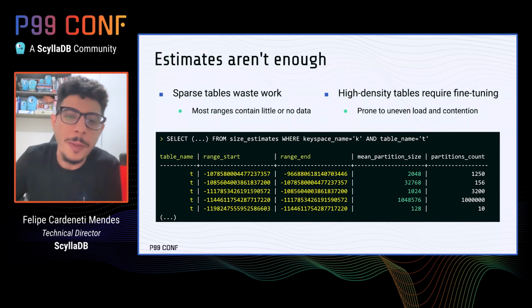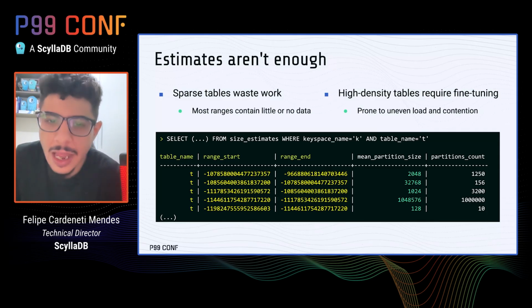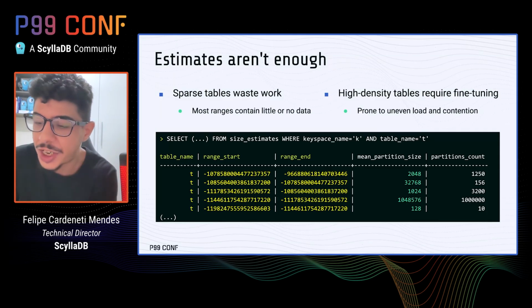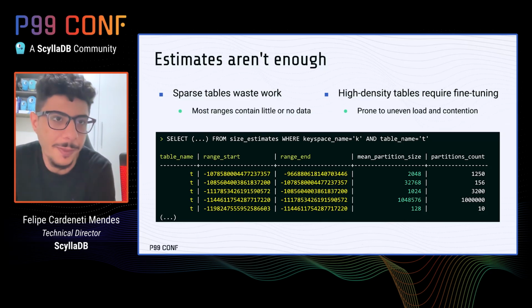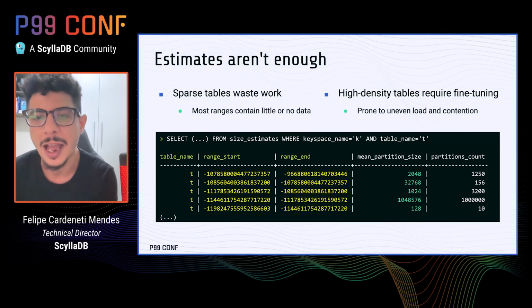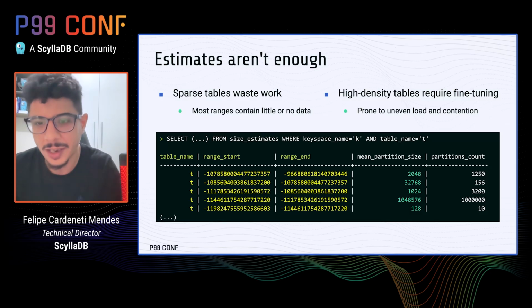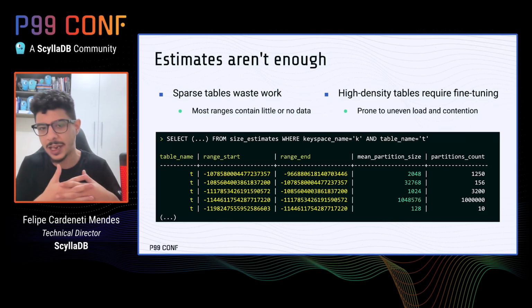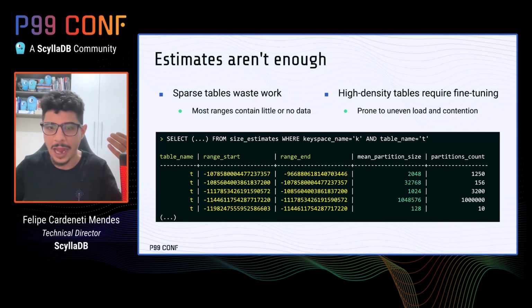So the problem actually gets worse when tables aren't equally populated, which is in fact hardly the case. For example, you may have sparse tables with little or no data where you can afford scanning through very wide ranges for completion.